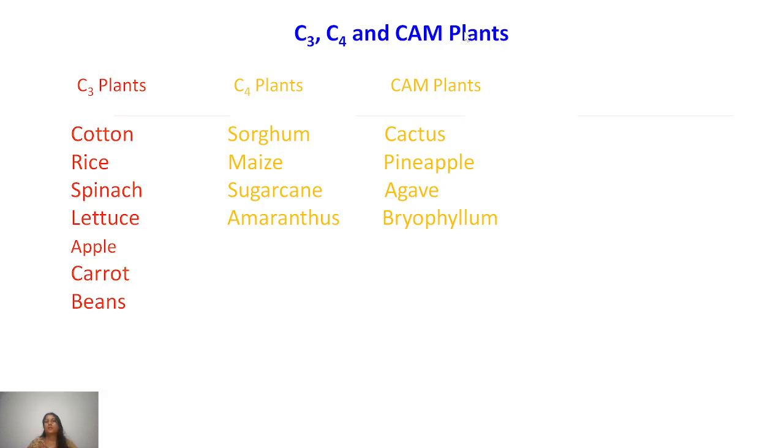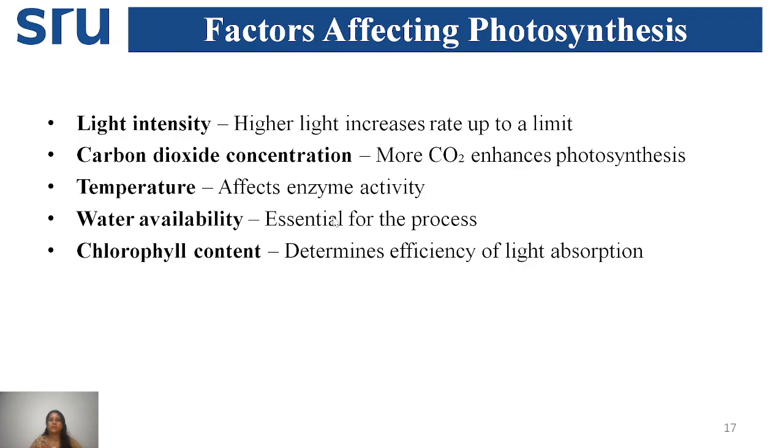In CAM plants, even though the same mechanism is present, stomatal closure limits the carbon dioxide uptake. That's why it is quite less efficient compared to C4, and C3 has very low efficiency because of photorespiration. What do you mean by photorespiration? Rubisco accepts oxygen instead of carbon dioxide. You need to remember all these examples of C3, C4 and CAM plants.